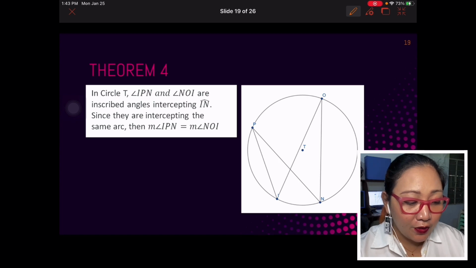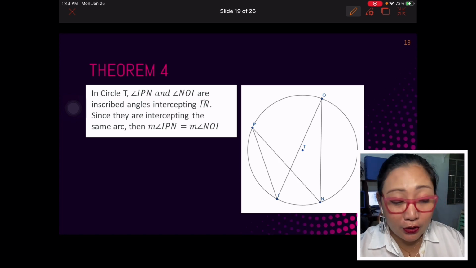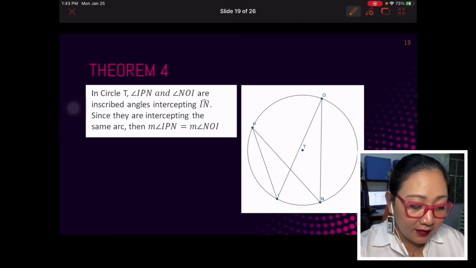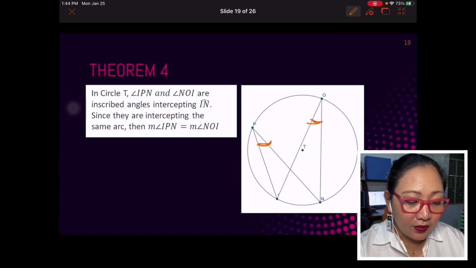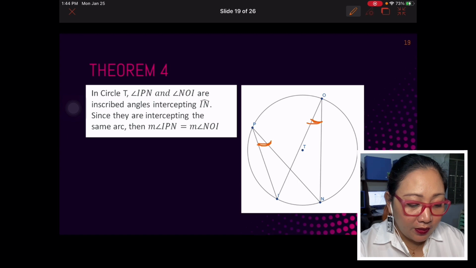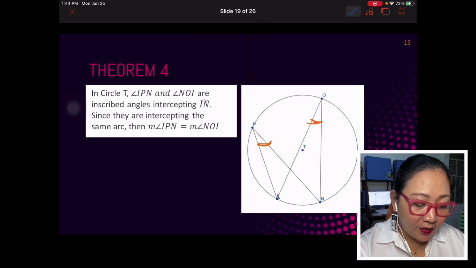Okay? So for this one, you are given circle T, and then we have two inscribed angles, angle IPN at saka angle NOI. Okay? So you are given angle IPN and angle NOI. So these two inscribed angles, kung mapapansin nyo po, iisa lang yung kanilang intercepted arc.